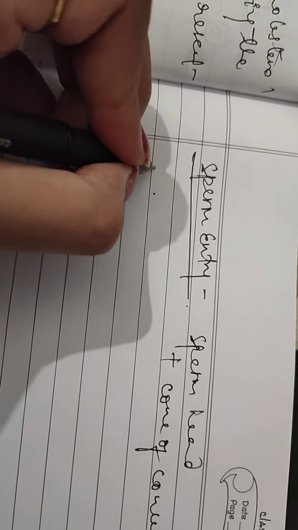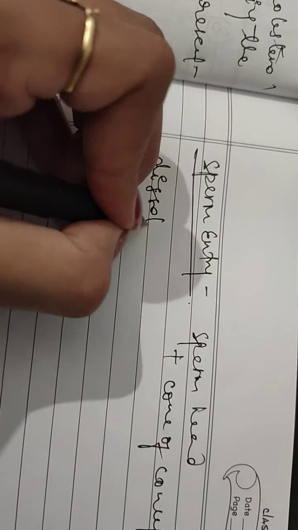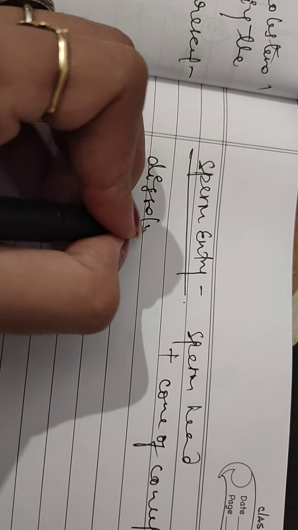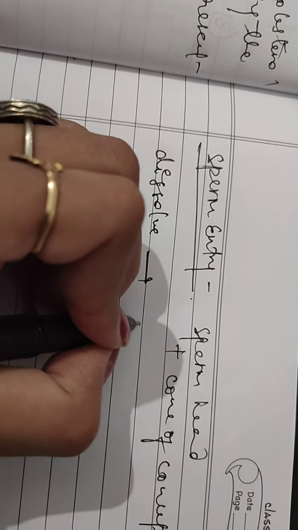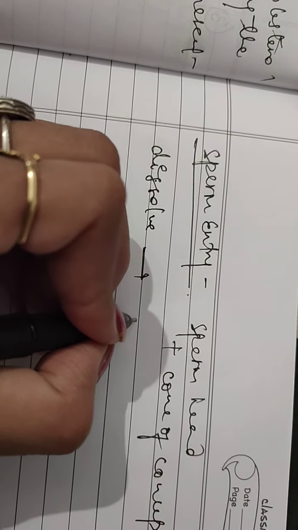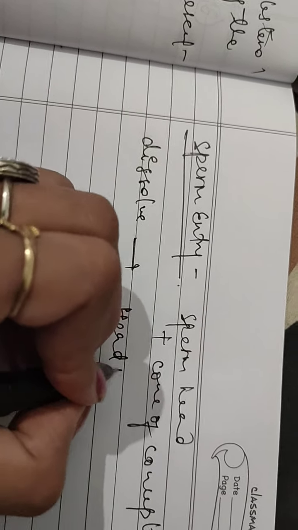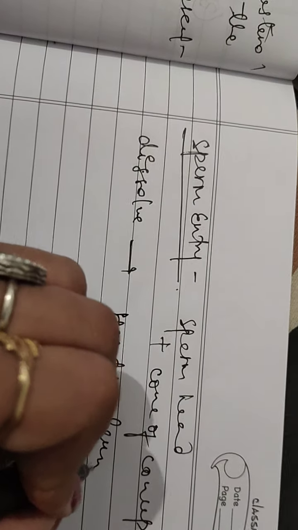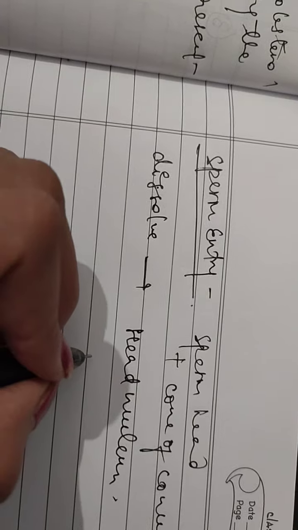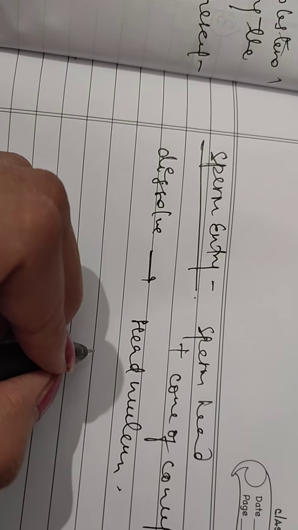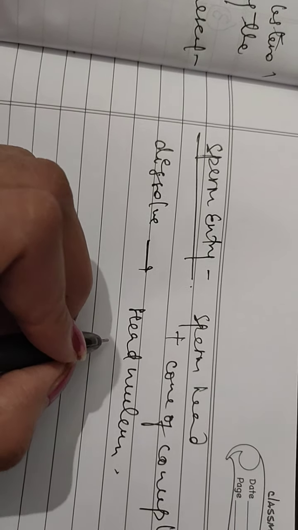After dissolution, the head nucleus, neck and middle piece of the sperm enter the cytoplasm of the egg.